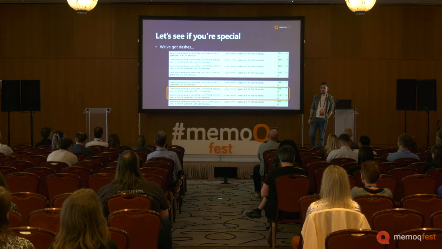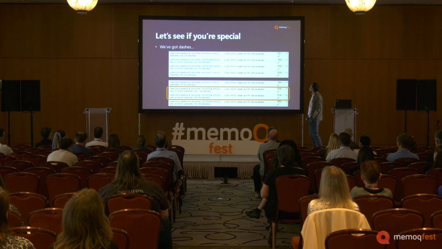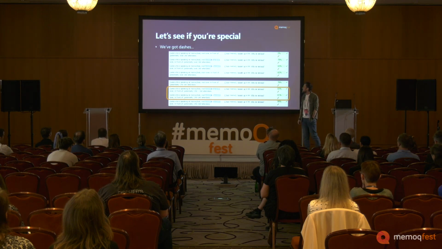They could look exactly the same. But if you look at the match rates, they're not the same. And you get 20-something percent difference for just one dash, which is just a dash. There's no other difference between these texts, just a dash.